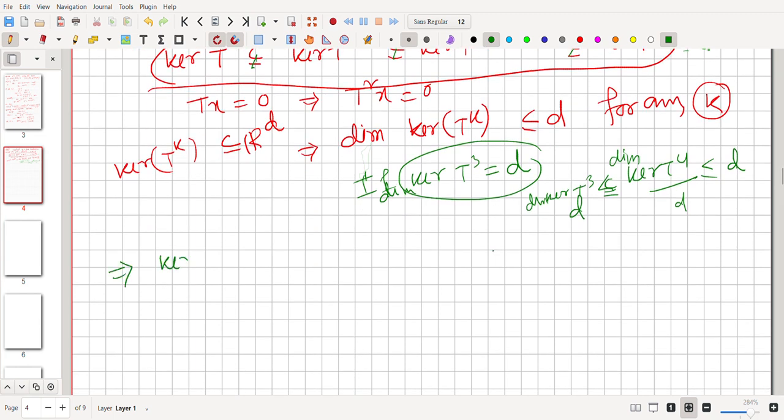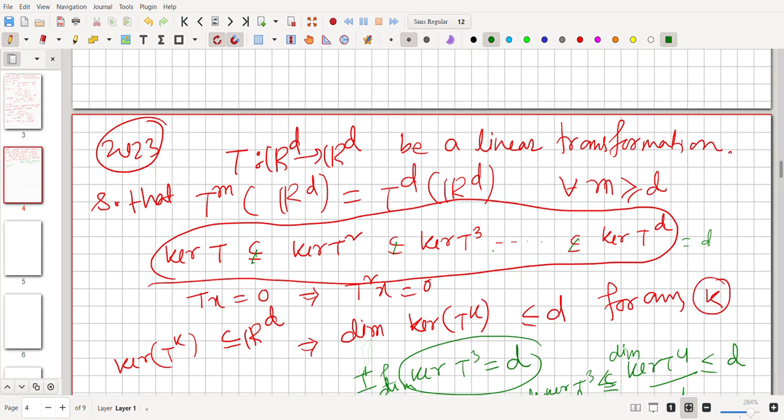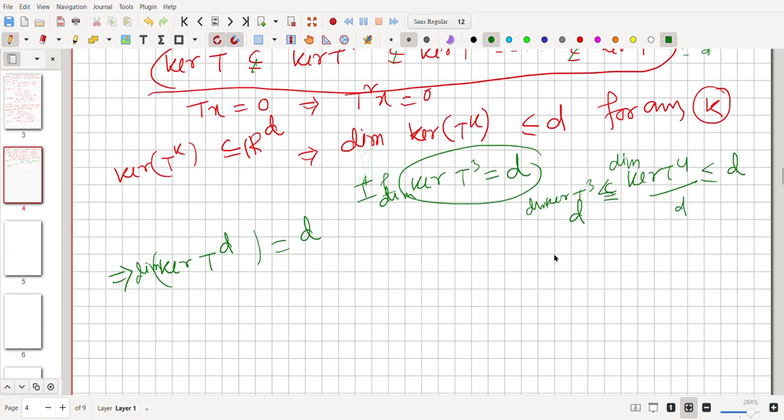So that will imply the dimension of kernel of T to the power d is d, even if this is strict. And if it is not strict, then at some point it will be the same.